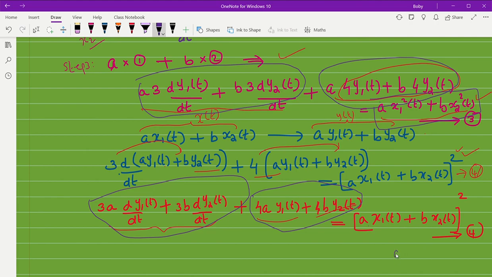a squared plus b squared and a plus b the whole square are two different things, as we know. Because a plus b the whole square is a squared plus 2ab plus b squared.